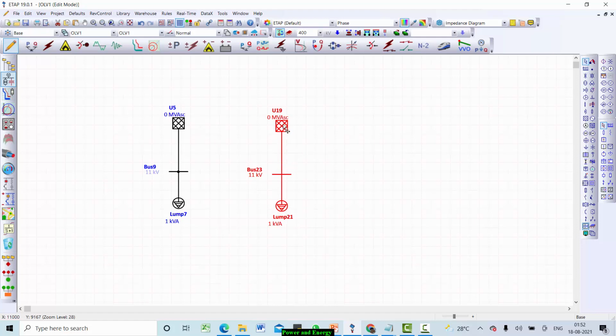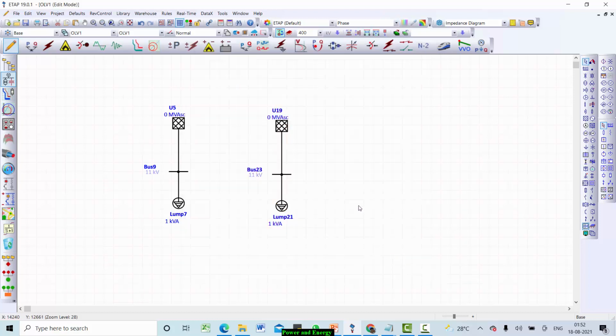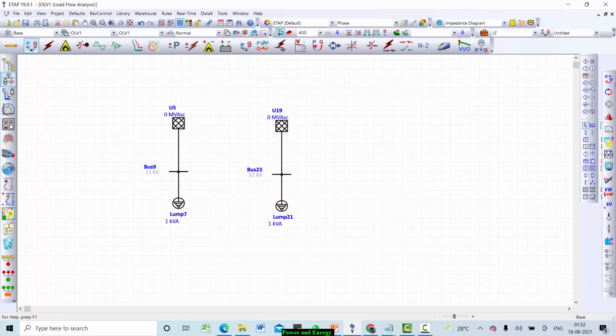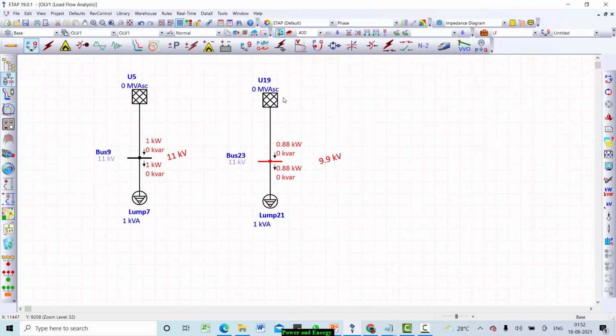Only change is rating 9.9. Now let me run this load flow. For 9.9 kV, have a look at the power drawn by the same load. It is 0.88 kilowatt. This is the answer we got in the earlier problem, 0.88 kilowatt.